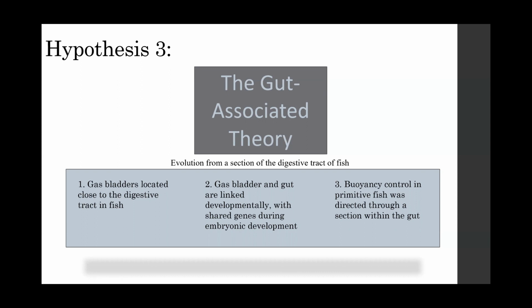Essentially, gas bladders are located very close in proximity to the digestive tract in these fish, and it is seen in many observations of these primitive fish that they are investigating that the gas bladder was absent originally in these primitive fish, and they believe that their buoyancy was controlled by a hepatic ceca, which is essentially a muscular diverticulum within the gut.